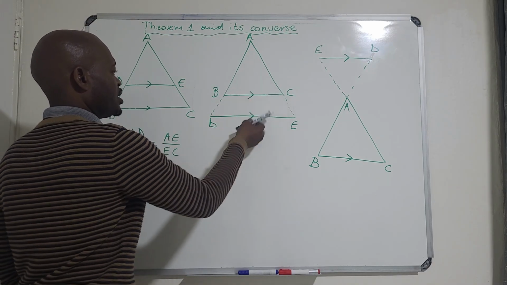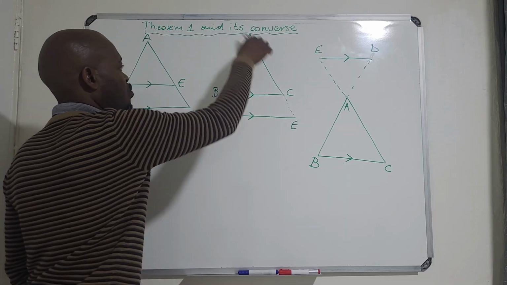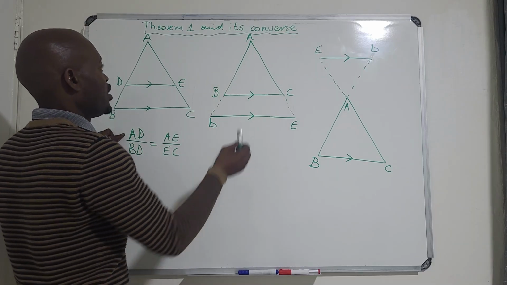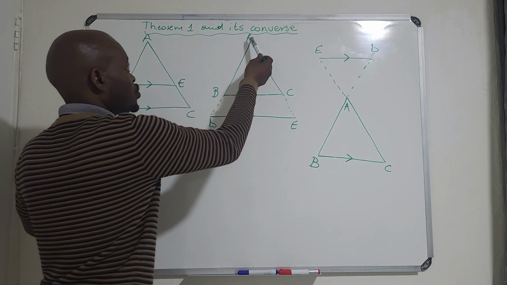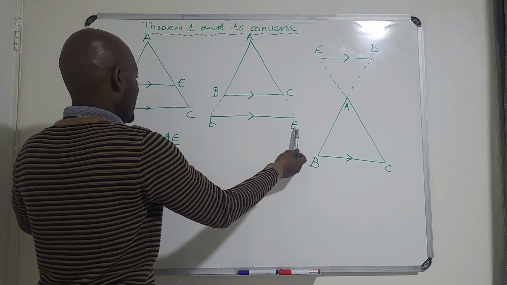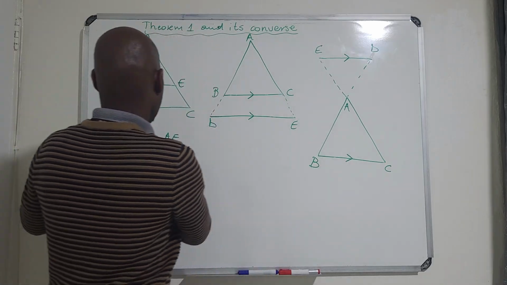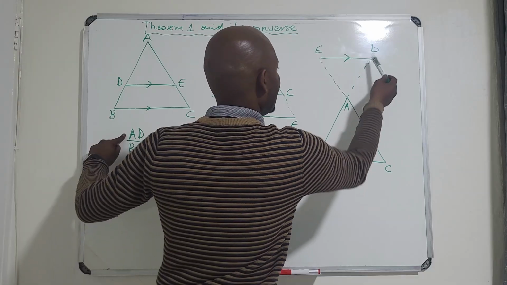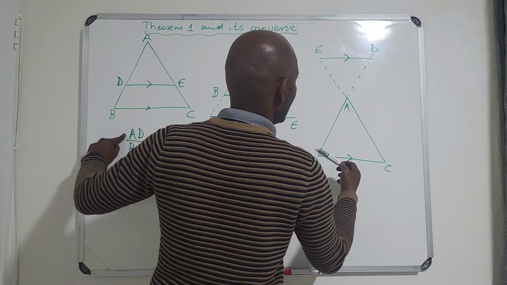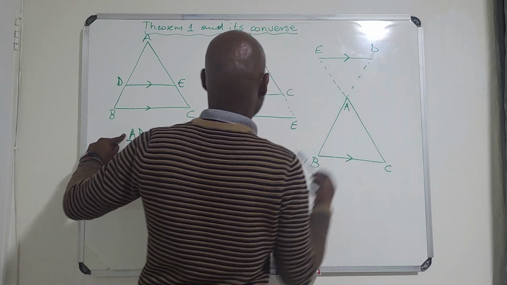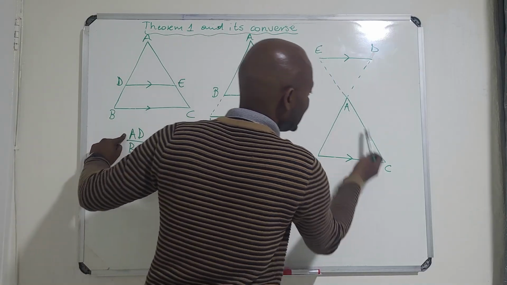If a line is drawn parallel to one side of a triangle, then it divides the other two sides in the same ratio. Therefore, AD over BD is equal to AE over EC. Even in this triangle, AD over BD is equal to AE over EC.